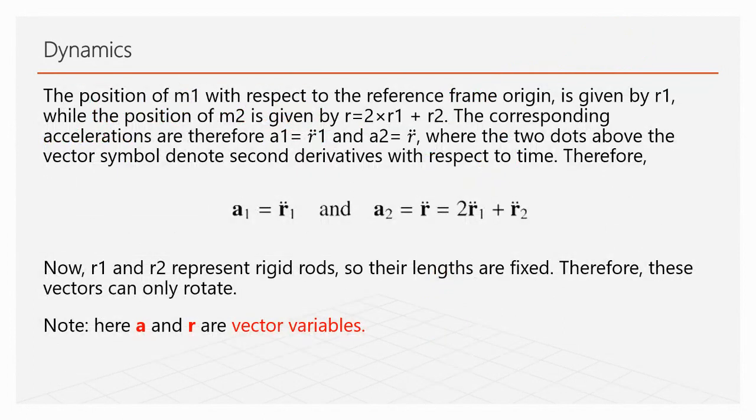So the position of M1 with respect to the reference frame origin is given by R1. R1 is a vector, right? You can consider that as a set of coordinates of the points when it moves, the track of the mass when it moves.